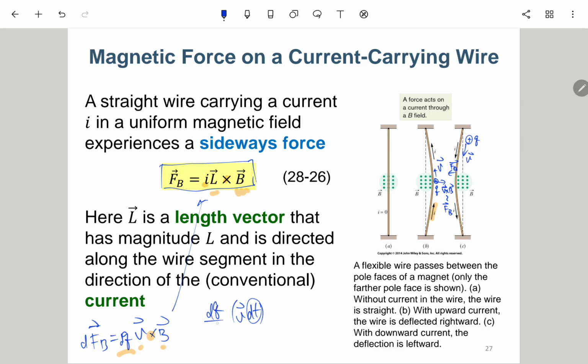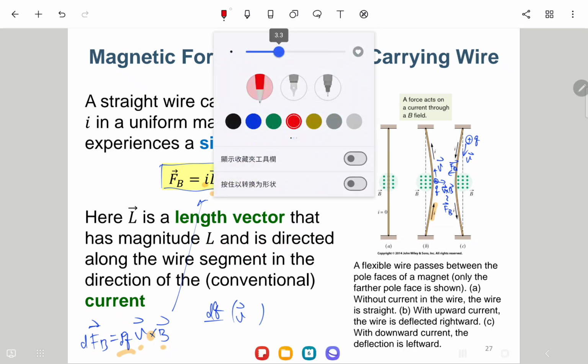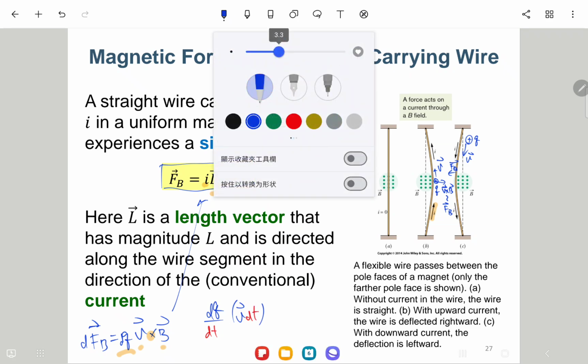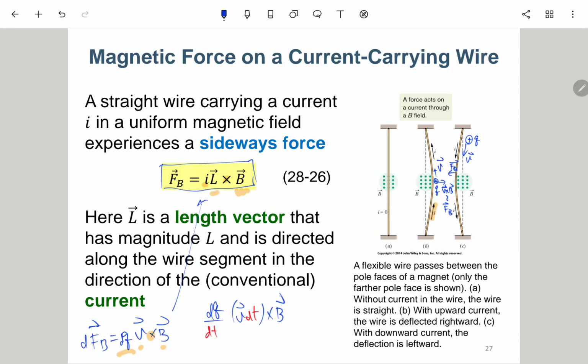So I divide by one vt and then multiply by one vt. Then it crosses with the B field. So in this case, this one is I, and v times dt should be L. Velocity times time is length. And then it should be B.